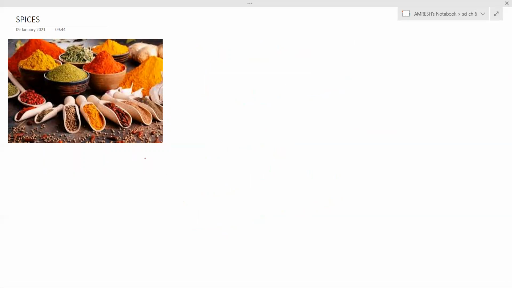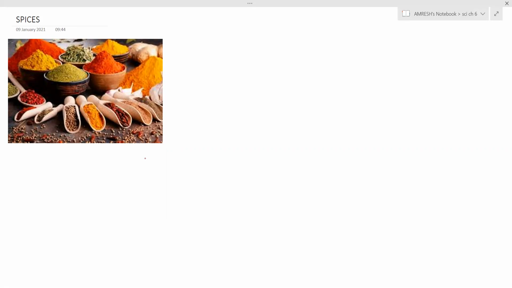So what are these spices? These spices are the powder of some plant parts like leaf or root or flower or fruit. Suppose we say haldi, turmeric. Turmeric is the powder of the fruit of the turmeric plant.